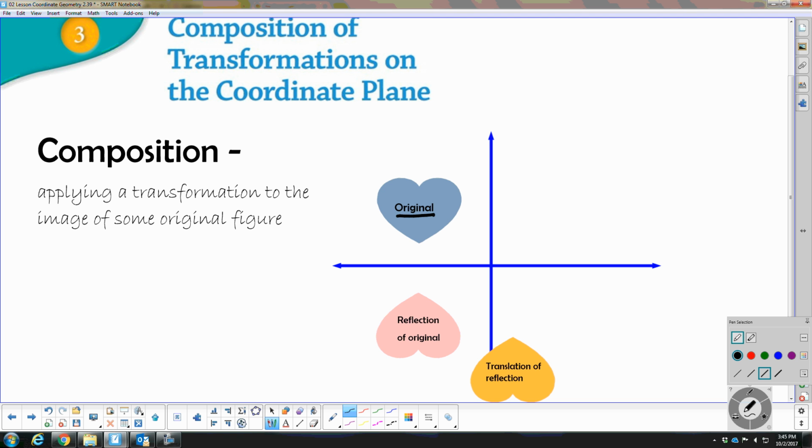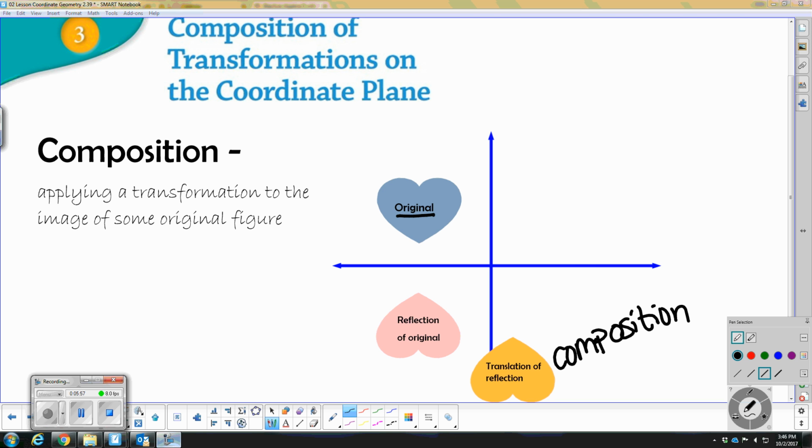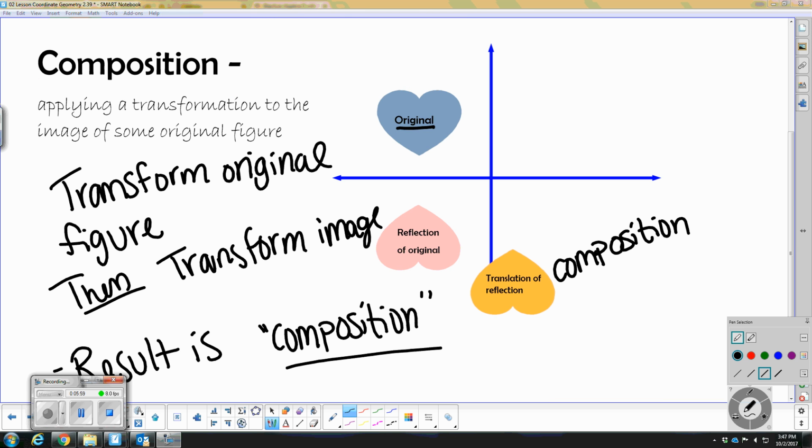And then I translated the reflection to get this orange image, the translation of the reflection. This orange image is called my composition. So if I transform my original figure, then I transform the image, the result is a composition. So that is my orange part, that's my composition.